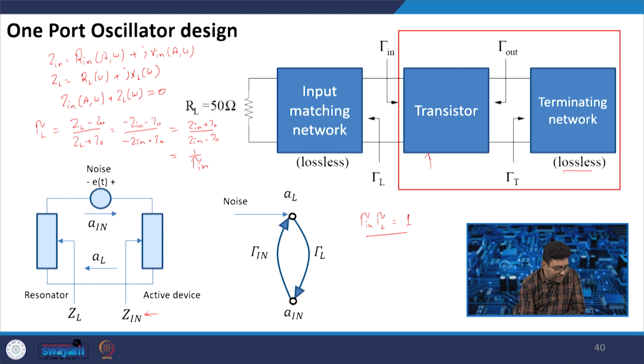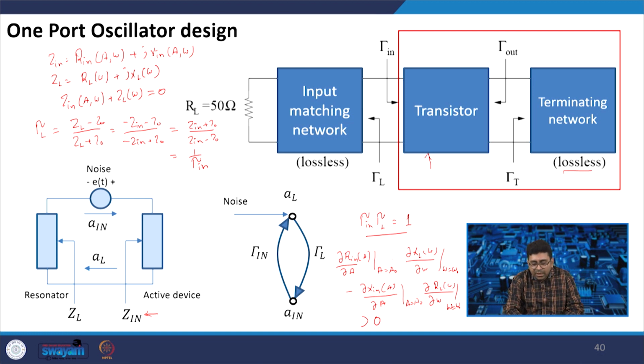What it says is that del R in by del A, which is changing the amplitude, for A equal to A naught, multiplied by del X L (omega) by del omega at omega equal to omega naught, minus del X in by del A for A equal to A naught, multiplied by del R L by del omega for omega equal to omega naught, should be greater than 0.